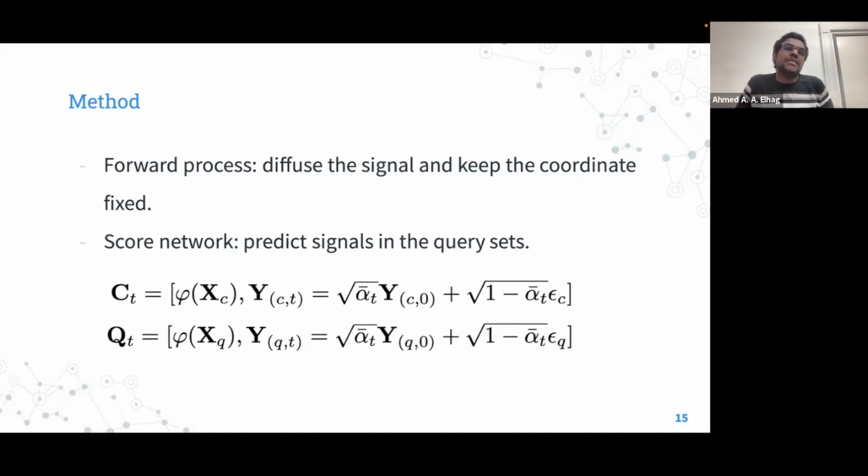And this is the same setting as DDPM, the Denoising Diffusion Probabilistic Model, where you define the forward process for your sampled context and query pairs. The forward process here is that you destroy the signal, keeping the coordinates fixed. In other words, you don't add Gaussian noise to your coordinates. You just add noise to your signal space, which is y.